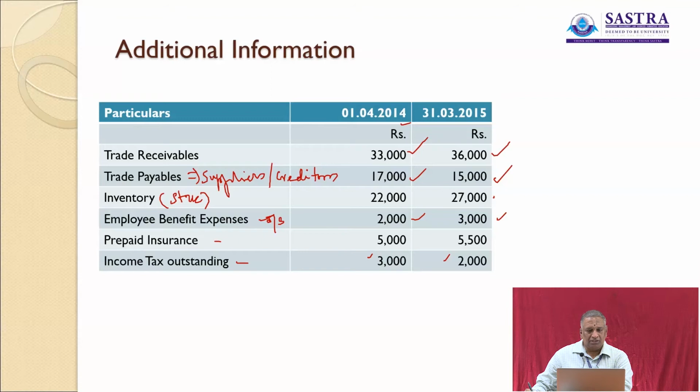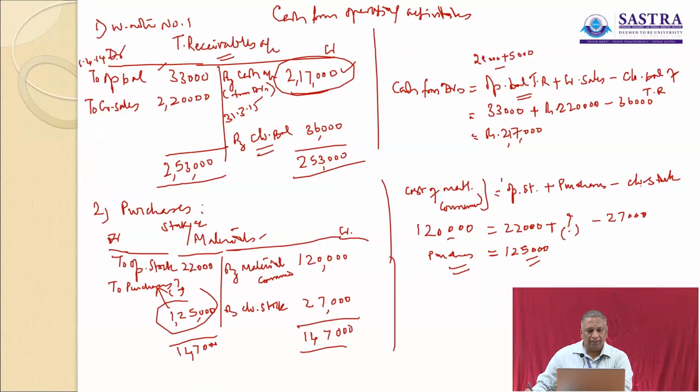So let us now find out how to calculate cash paid to creditors. So calculation number 3, cash paid to creditors. If you are comfortable with the ledger, we can prepare a ledger for creditors.